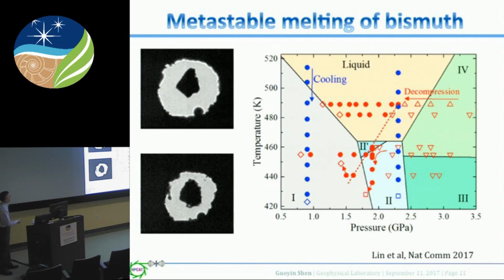The open symbol represents the crystalline phases. And the same here, we decompress, and then we reduce temperature, and then we increase temperature. Oh, no, I'm sorry, this one we decompress, we increase temperature, and then it also crystallizes. So as we perturb the system, it actually triggers the crystallization.